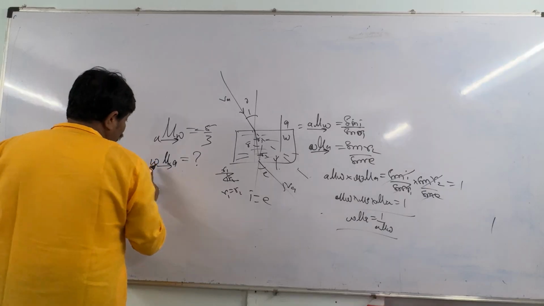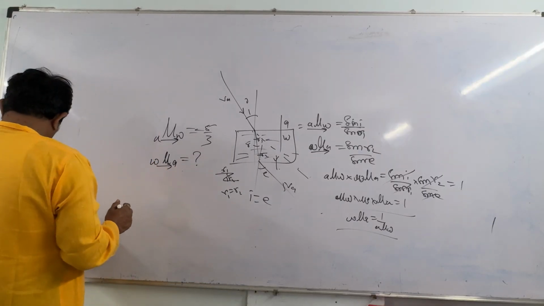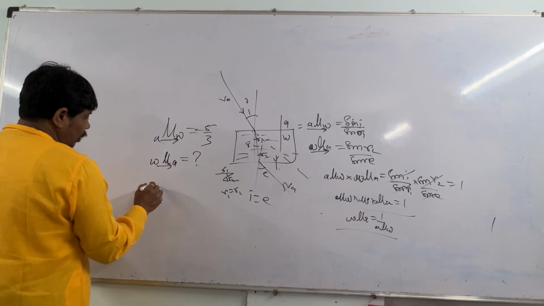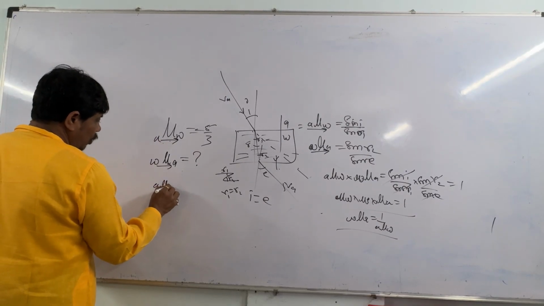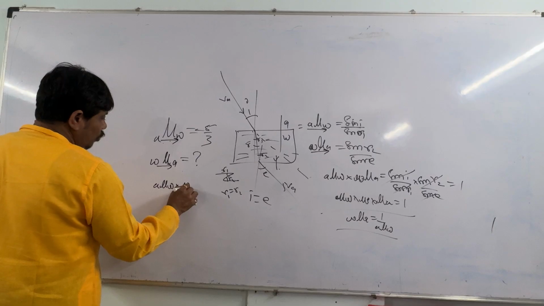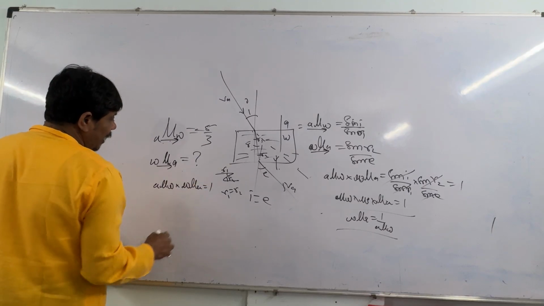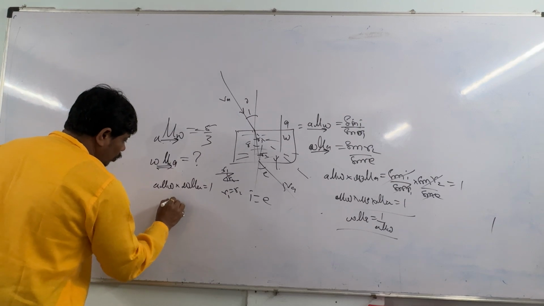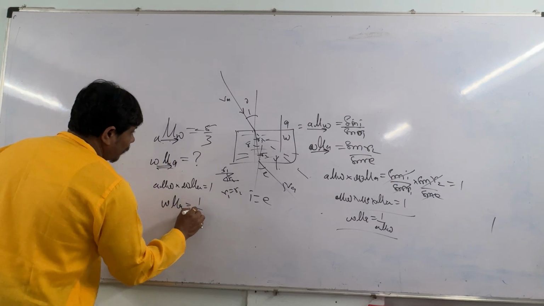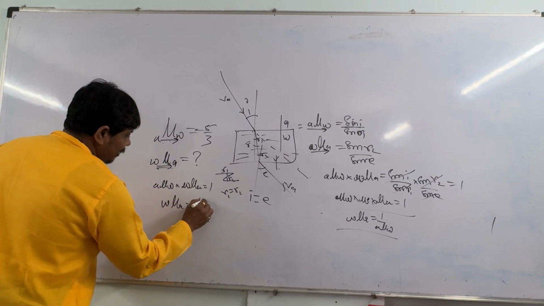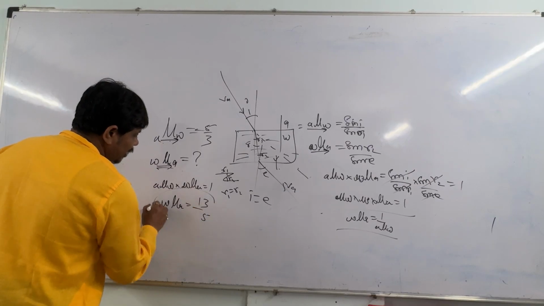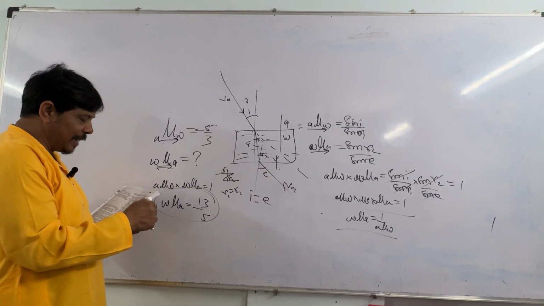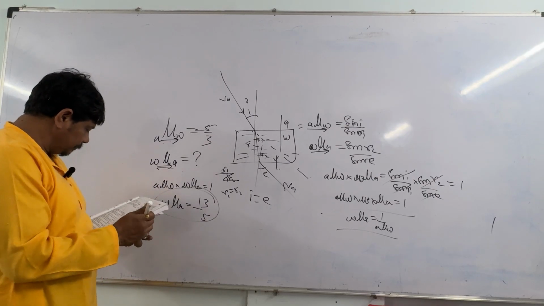So you have to find out W mu A. A mu W into W mu A is equal to 1. So W mu A is equal to 1 upon 5 by 3, which means 3 by 5. This would be the right answer. So 3 by 5 is the answer to this question.